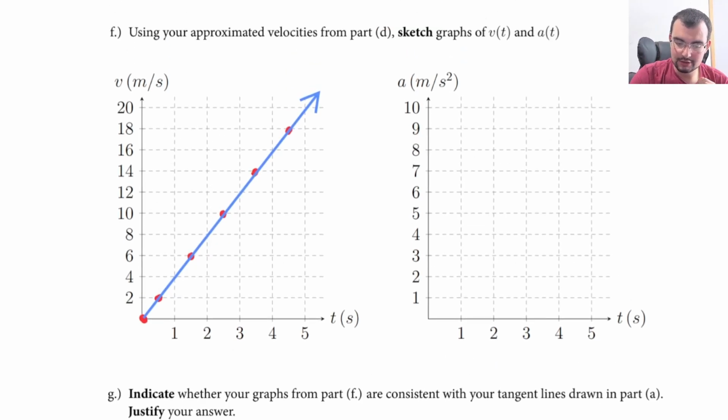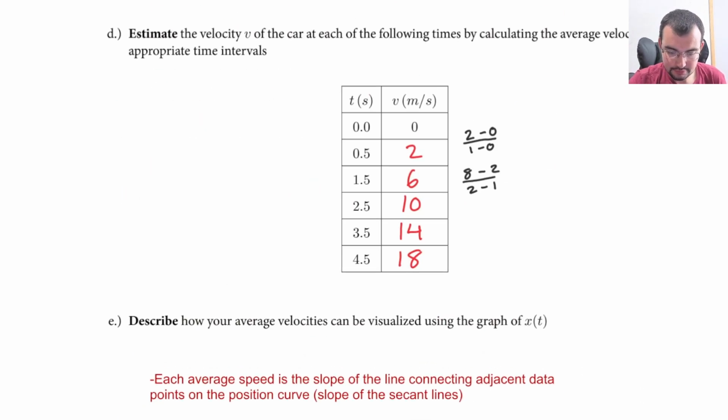So we do know that the acceleration is going to be flat, right? Because acceleration is the slope of velocity. So it is going to be constant. So what is the acceleration? Well, we're asking every second, how much speed are we gaining? We're essentially taking the slope of the slopes. So we could see that the slope between any two adjacent points here is going to be, for example, 1 second for the run and 4 meters per second for the rise. So 4 meters per second per second.